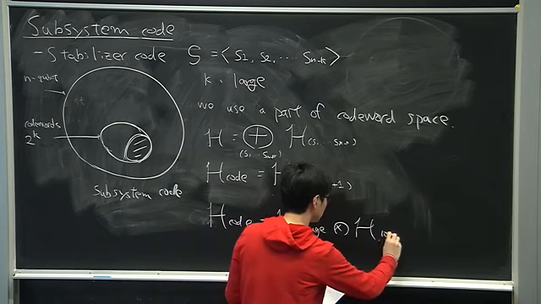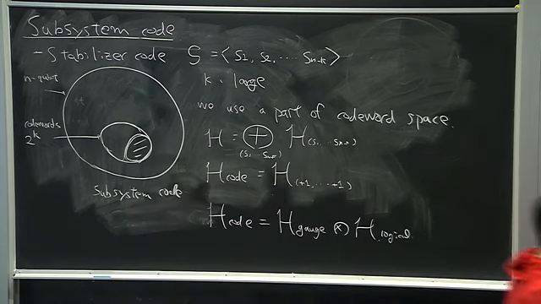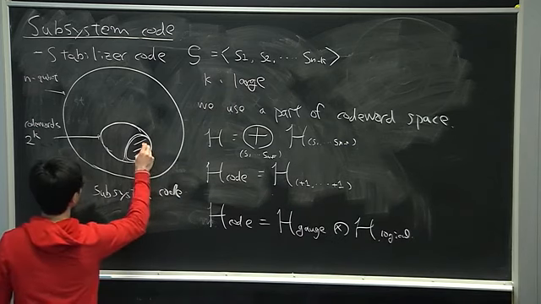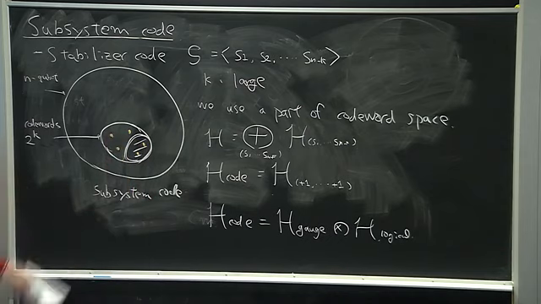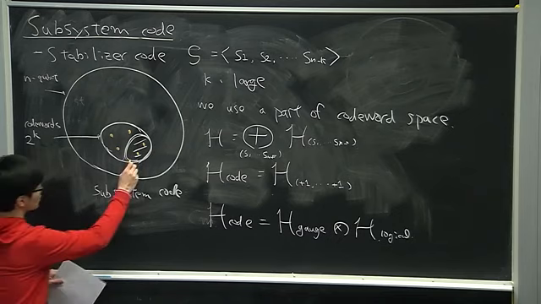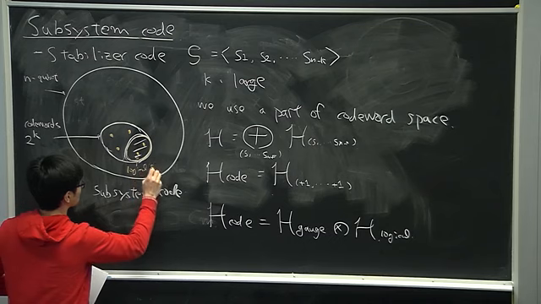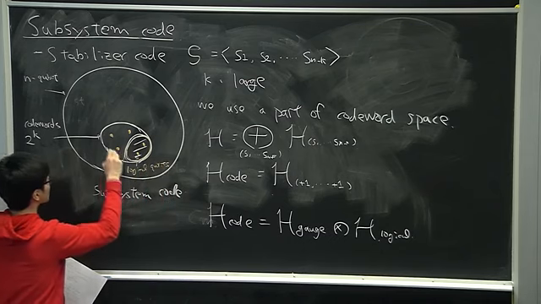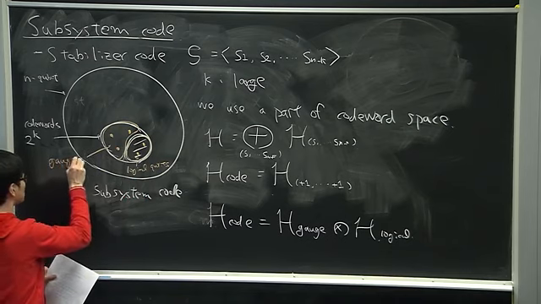So what you should think is that maybe you have, let's say, a 2 to the 5 dimensional code word space, and then you only use these two as a logical qubit. And these other 3 of them are called gauge qubits.